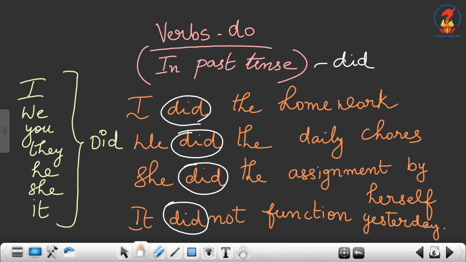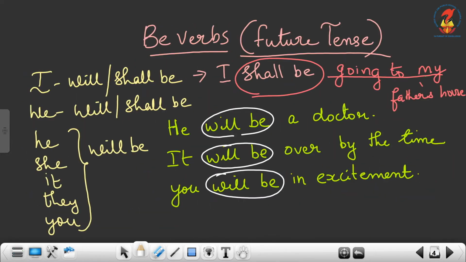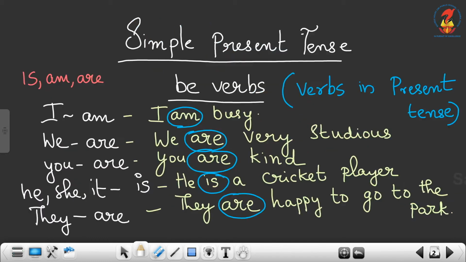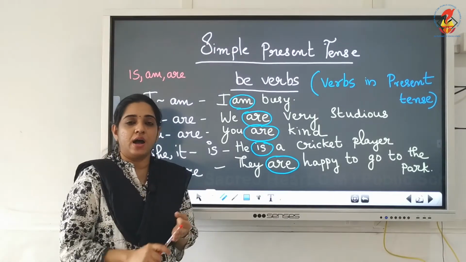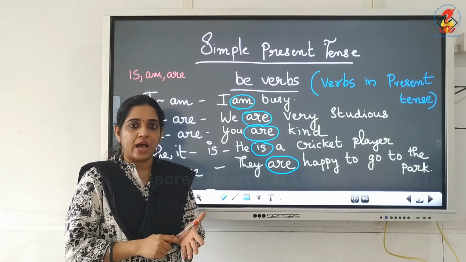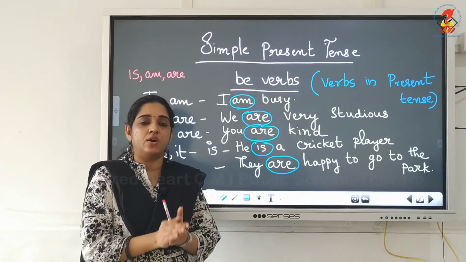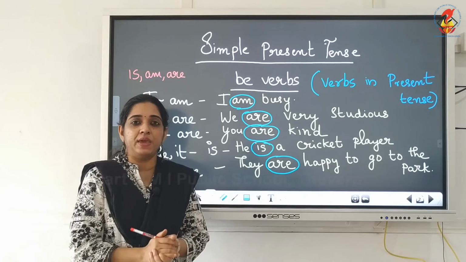Is, am, are, was, were, will be and shall be are called be verbs. All these together are called be verbs.